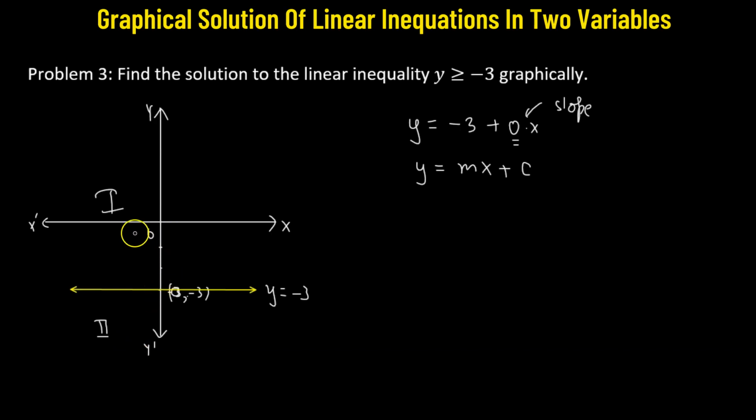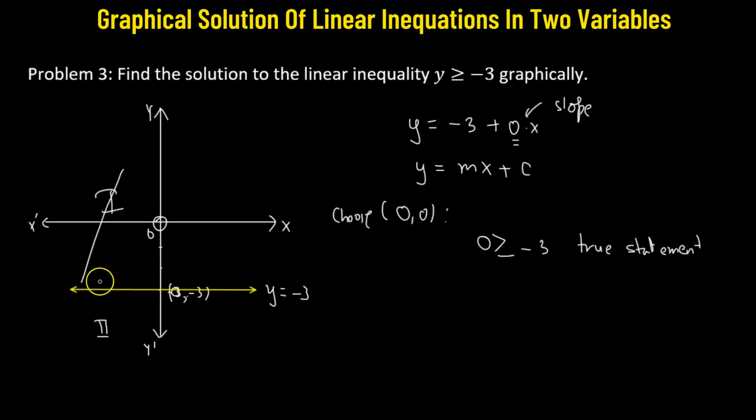Now we'll have to find out in which region the solution is going to be. So we're going to choose the origin, and then we're going to substitute this back into our inequality. So we have 0 greater than or equal to -3. This is a true statement. Since this is true, the origin (0, 0) is part of the solution.